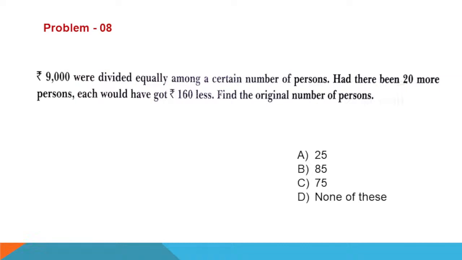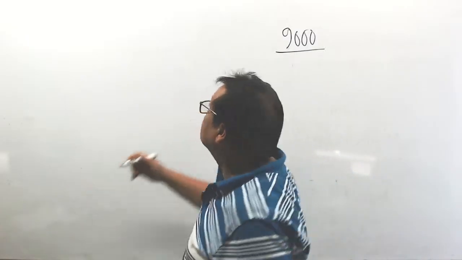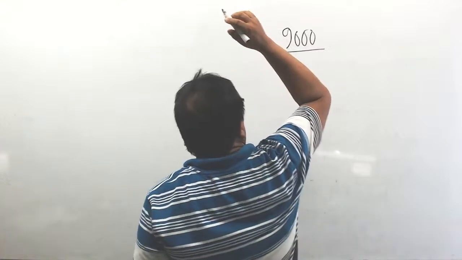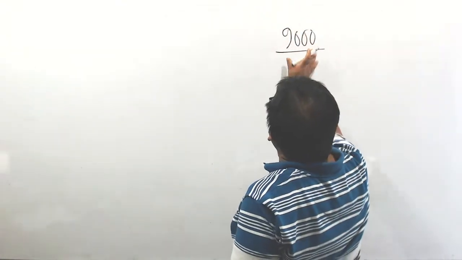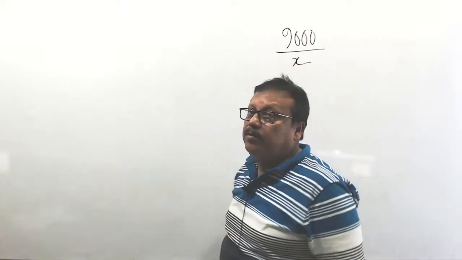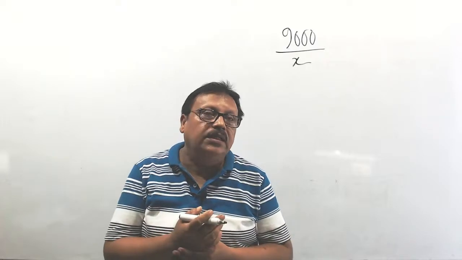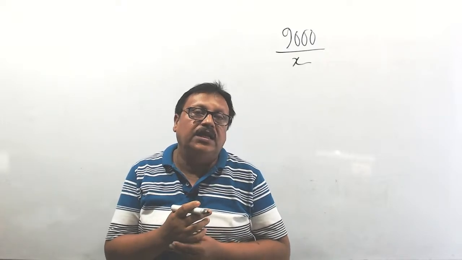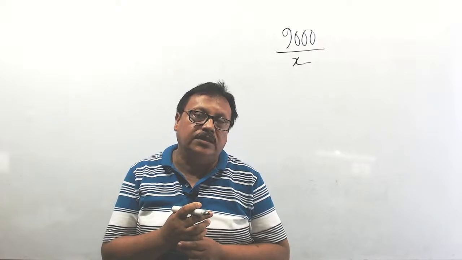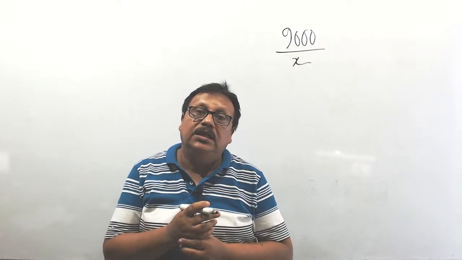The rupees 9,000, let the number of persons be unknown, x. So divide the 9,000 by the number of persons. This is the amount each member will get. Say there is 100 rupees and the number of persons is 4.